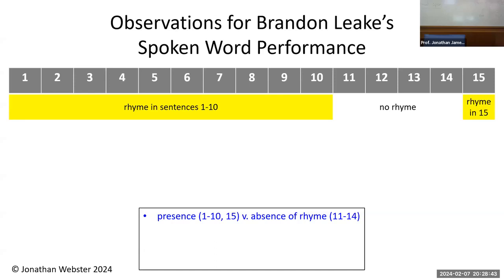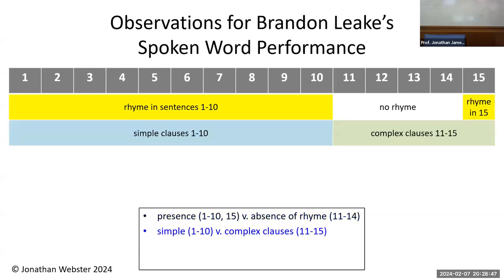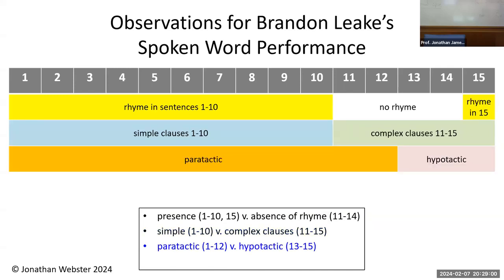But when we come back to 15, there is. When I take a look at 1 through 10, it's largely simple clauses. From 11 onwards, it's mainly complex clauses. It's largely paratactic up through 12, hypotactic 13 through 15.